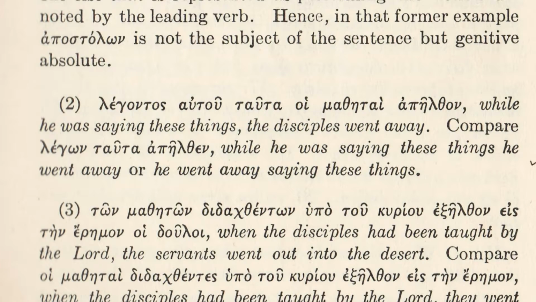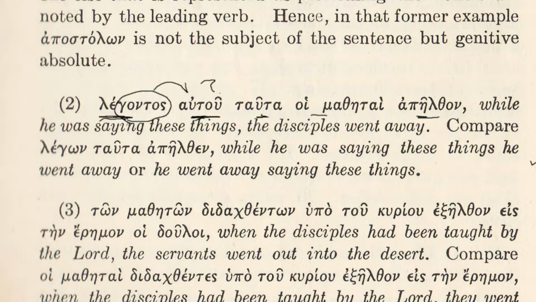Let's take a look at the next one. We see legontos autou tauta hoi mathetai epelthon. I'm first of all noticing that I have the present stem. Lego was one of our first vocabulary words. I say. Here is the masculine genitive singular ending in the participle legontos. While saying is the way we would render that. I'm not quite sure what to do with this autou when I first see it, because I want to translate that something like of him or his.